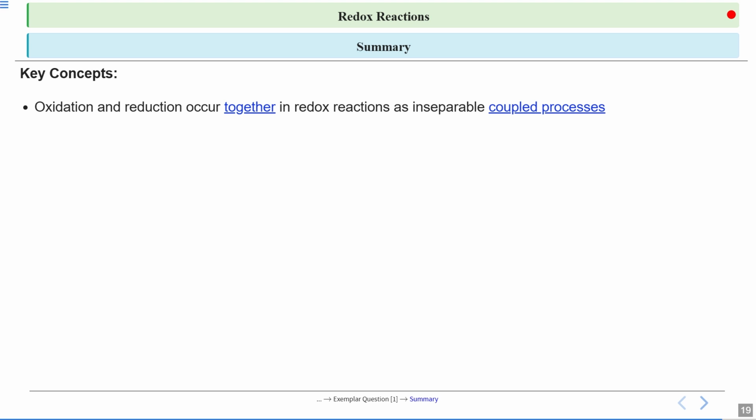We can also understand it in easy language: these reactions always occur together, meaning that the loss of electrons, that is oxidation, by one substance is always accompanied by the gain of those electrons by another substance, and that gain of electrons would be considered as reduction.